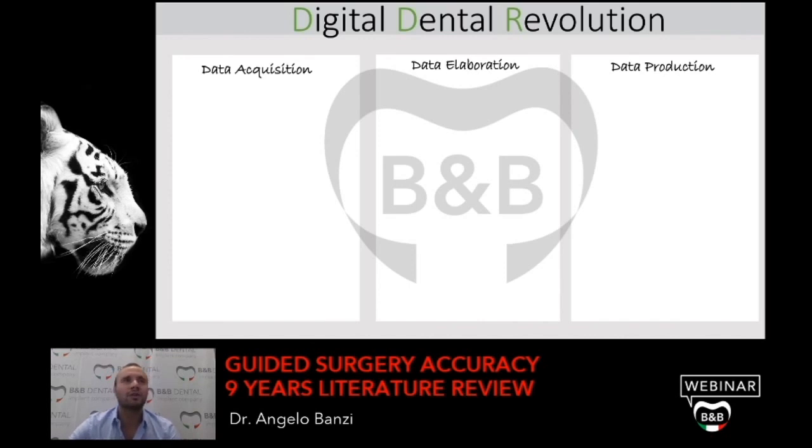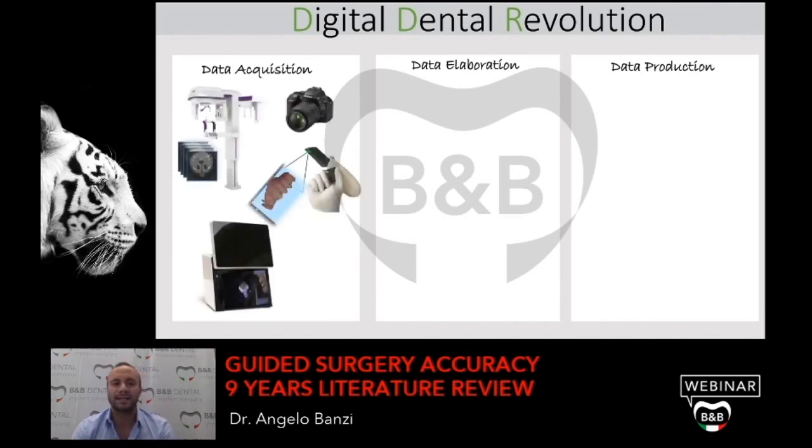The acquisition comes from scanners. The most famous scanner in the world is the CT Conebeam. The CT Conebeam allows us to get the virtual imaging of the bone of the patient, creating DICOM files. Then we have other scanners like intraoral scanners and extraoral scanners.